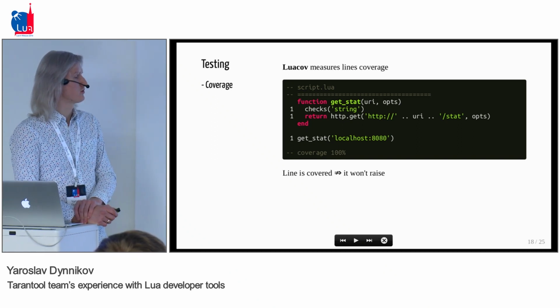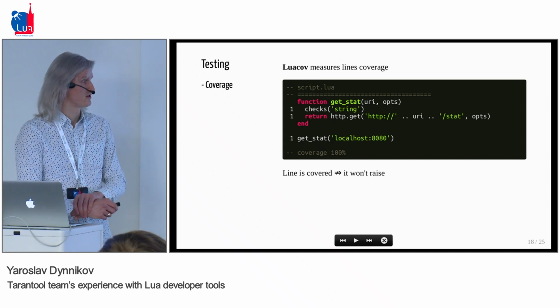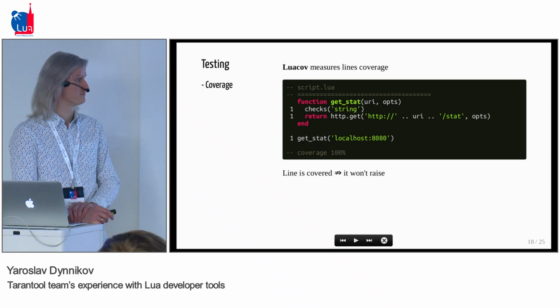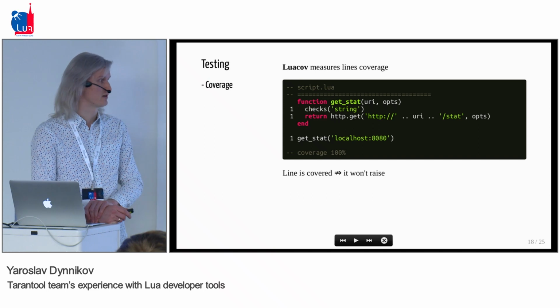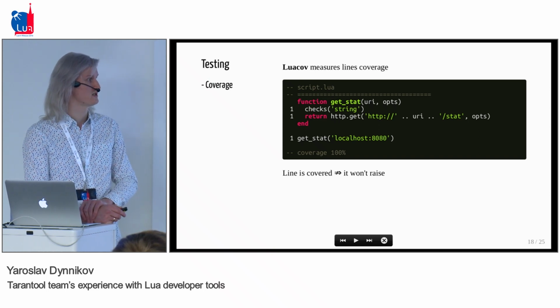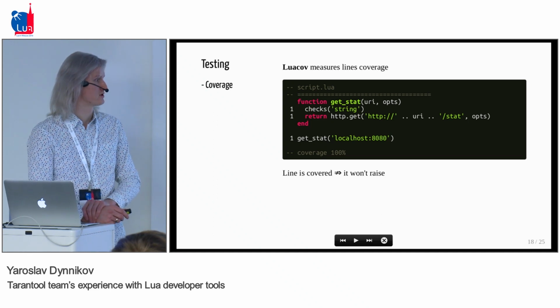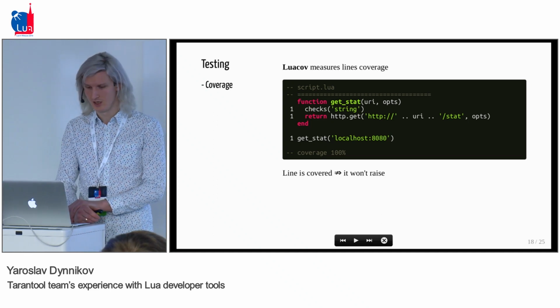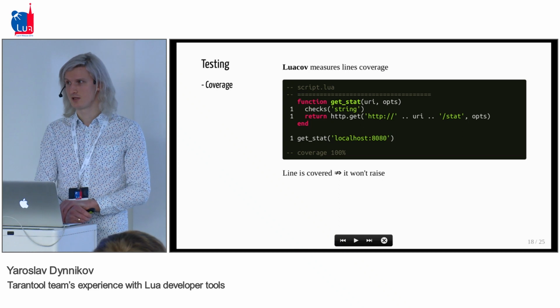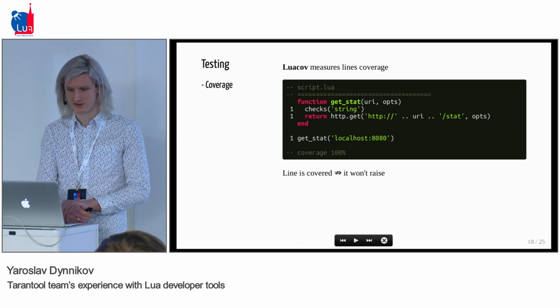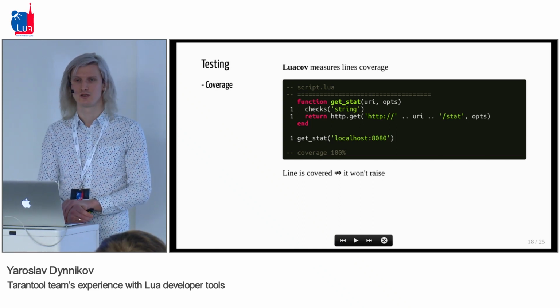So the problem is the following. Consider the function getStat again. We can easily cover it with just one test, and it will show that line coverage is 100%, but the truth is that if a line is covered, it doesn't mean that it won't fail.